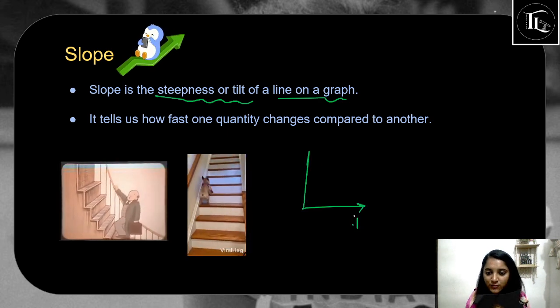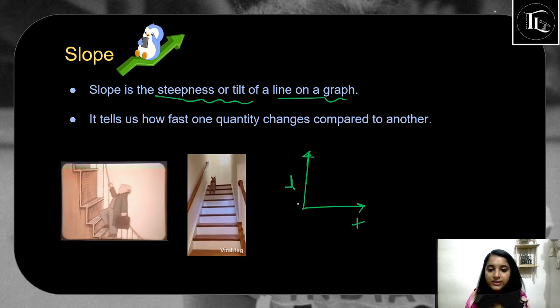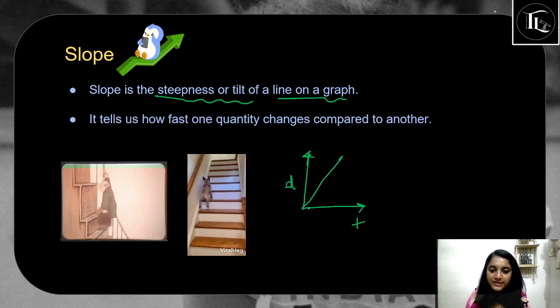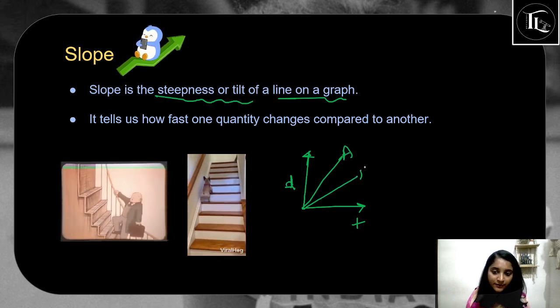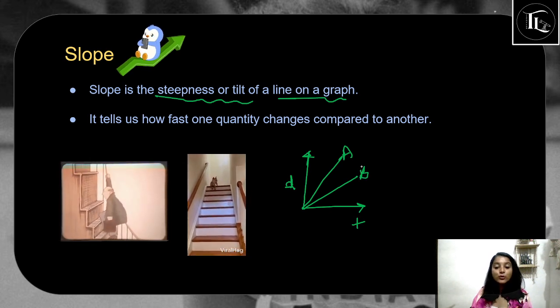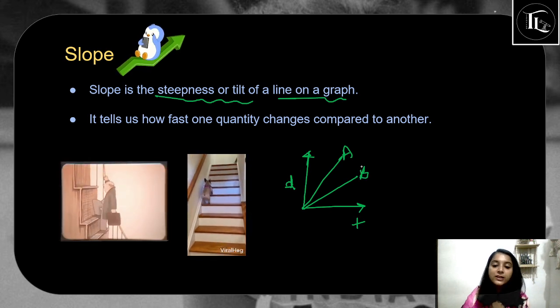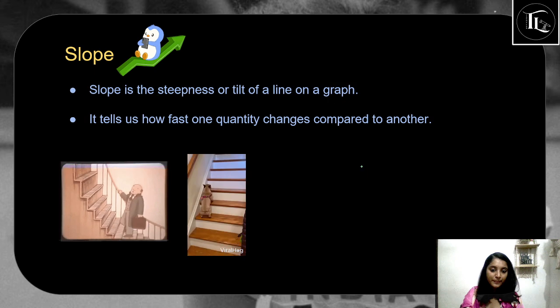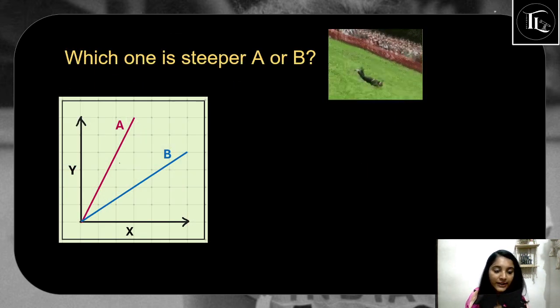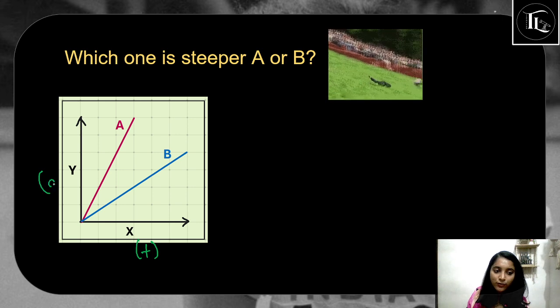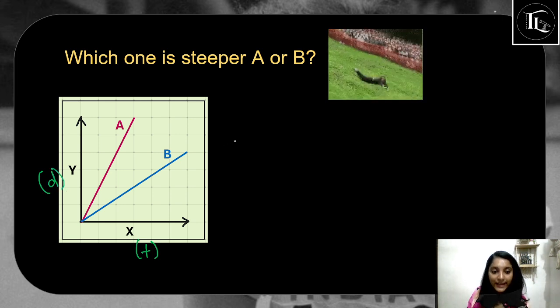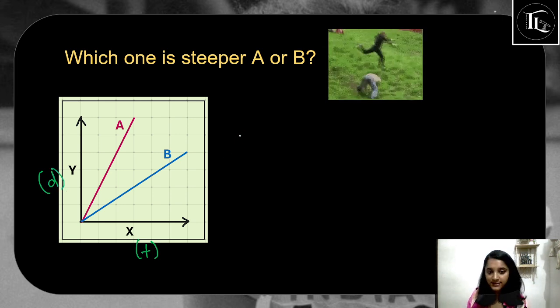For example, if this was time and this was the distance, and these are the two graphs. So you know that, okay, A is steeper than B. So A is changing more quickly than B. So if X is time and Y is distance, so we know A is covering more distance in less time.